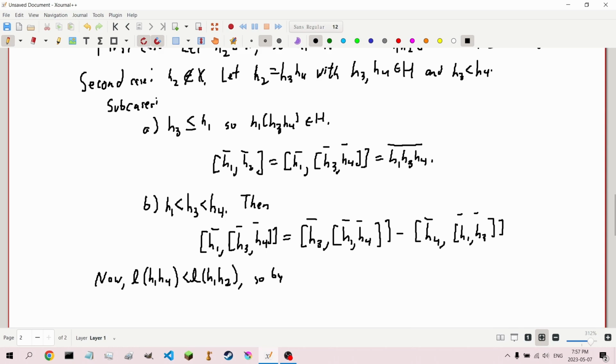So by the inductive hypothesis, h1, h4 is equal to the sum of C alpha, H alpha bar for H alpha in our Hall sets.